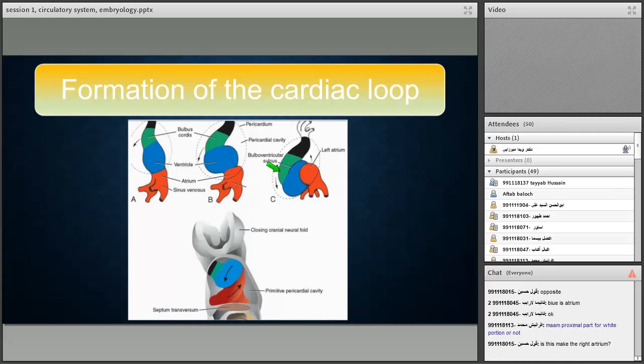This is the inflow part of the heart tube. The red part, the sinus venosus, is the inflow. So we call this part the proximal and distal. The white portion is the distal part, the outflow part, okay?